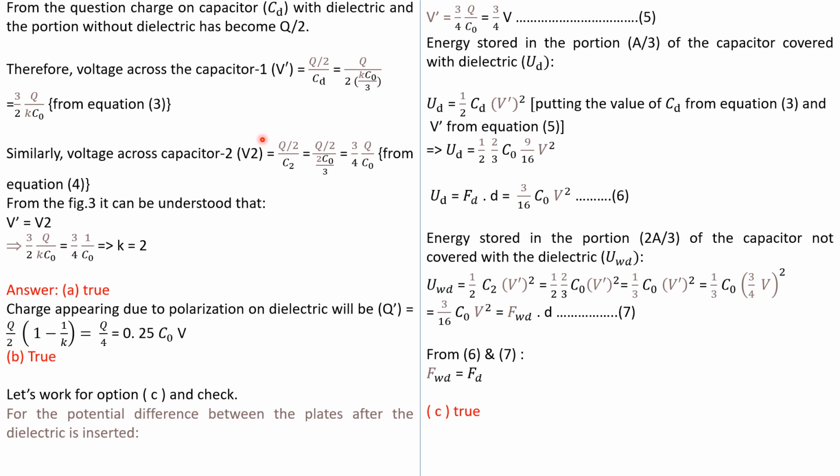So both the voltages should be equal because the capacitors are in parallel. So V dash will be equal to V2. We will put the value of V dash from here and V2 from here and we will get K equal to 2. So our option A will be true.